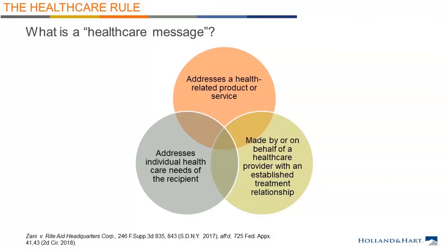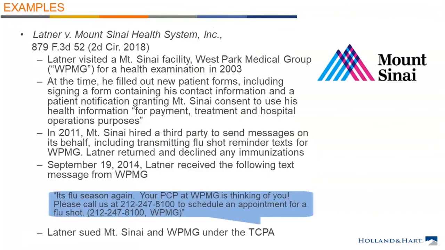I want to provide just a couple of examples to give a little color to these exemptions. One key one is Latner versus Mount Sinai Health System, which was issued in 2018, and this decision was an interesting one. Latner had visited a Mount Sinai facility known as West Park Medical Group for an examination in 2003.